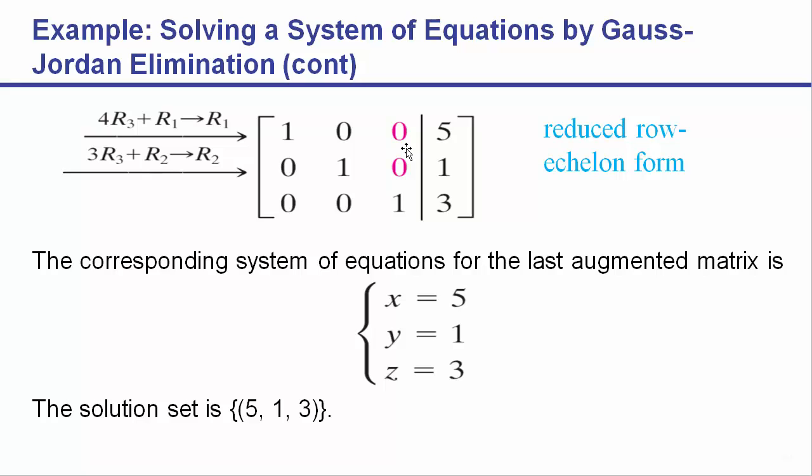That's what it meant when we were going through the definition, that the leading coefficient of 1 is the only non-zero coefficient in every column. So you can see that here it's 1 with all zeros. Here's a 1 with zeros above and below, and then here's a 1 with zeros above it. So it's the only non-zero number in each column, because remember, this was the x column, the y column, and the z column, and now we know what x equals, what y equals, and what z equals.